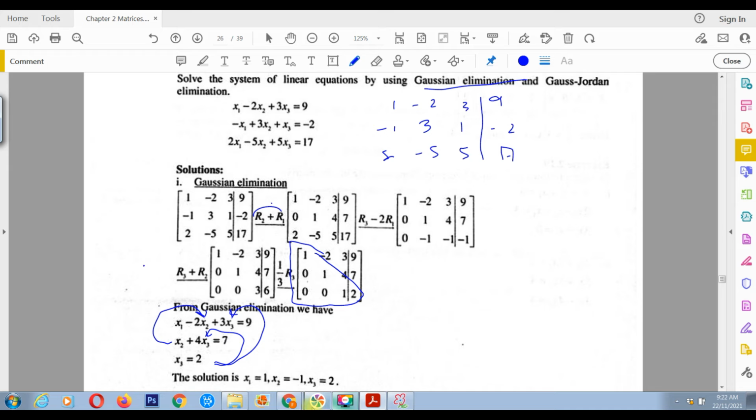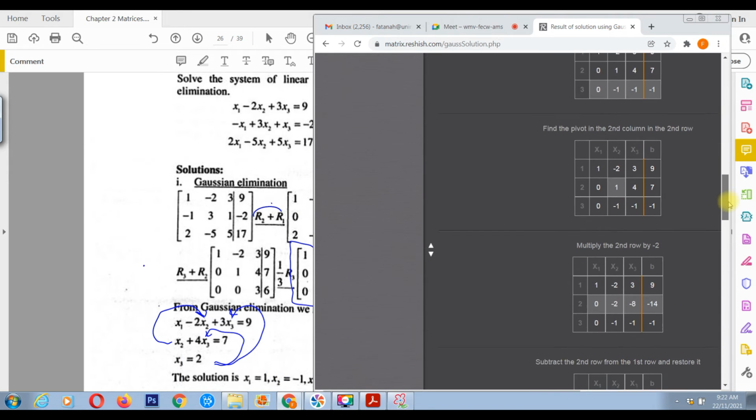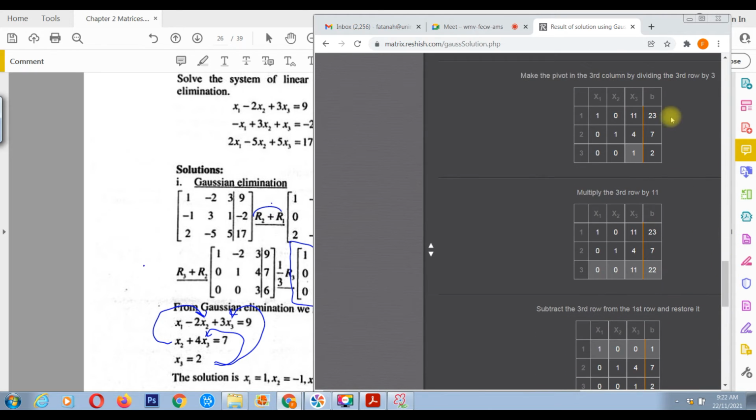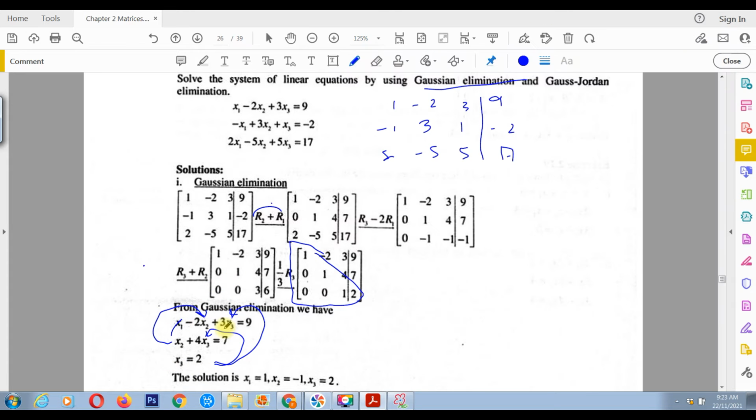So we got until this point. Then you transform into this formula, then you just substitute manually.